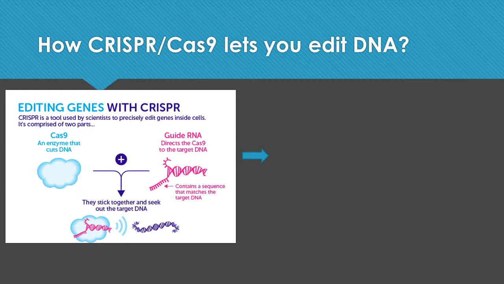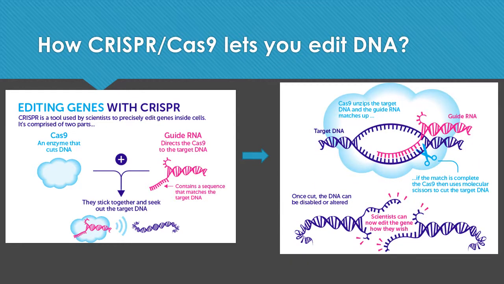Okay? Because the guide RNA contains a sequence that will match with the target DNA. So when Cas9 and guide RNA stick together, they will move to the target DNA. Alright.